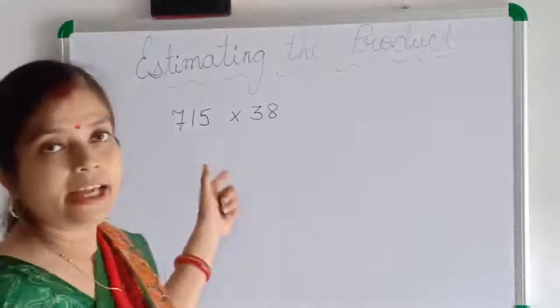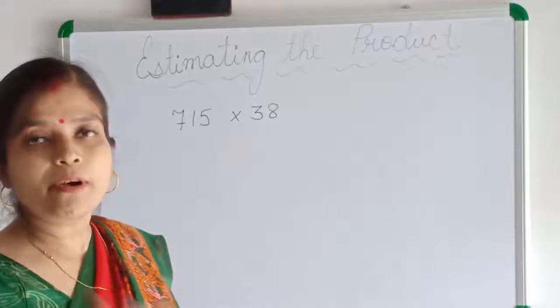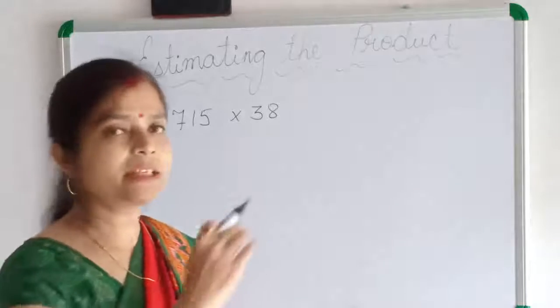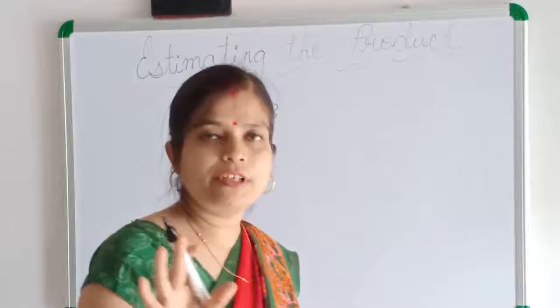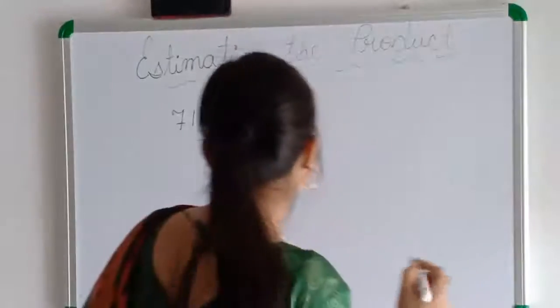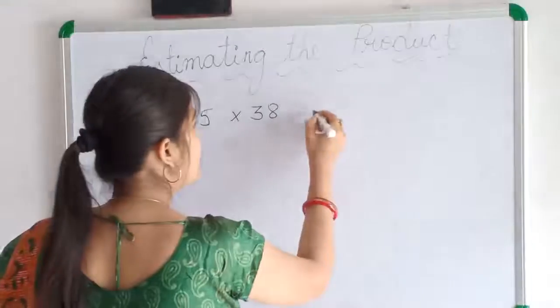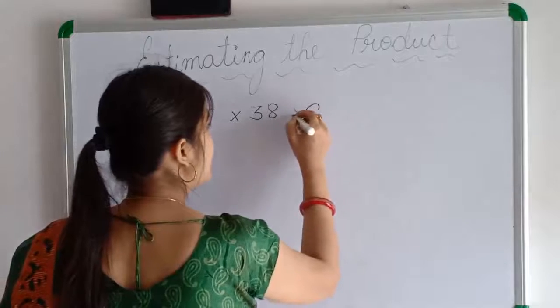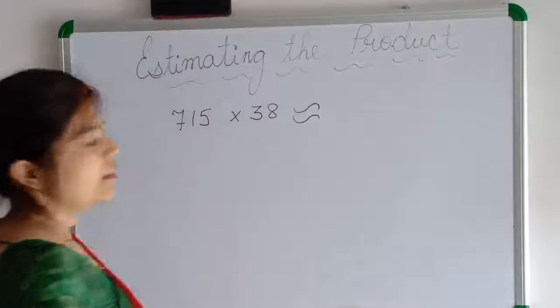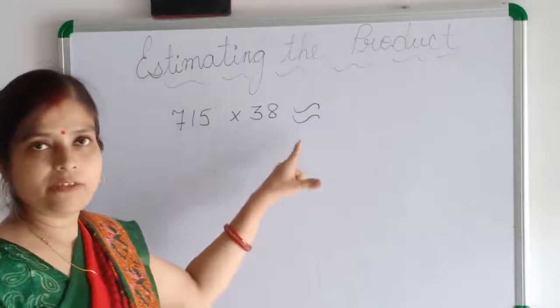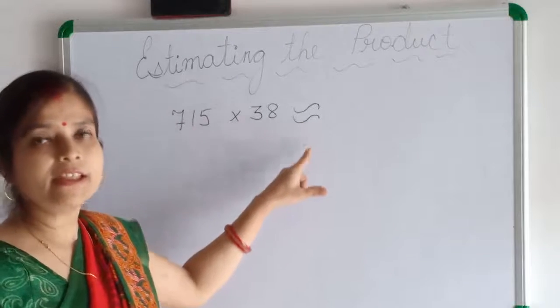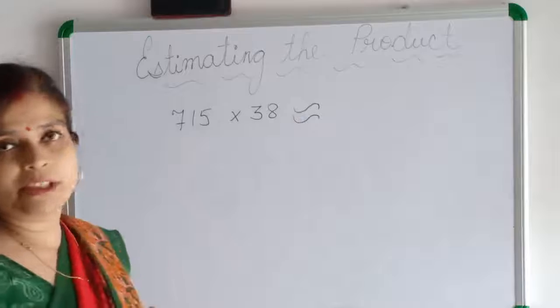So it is not actual, it is only approx. Approx means similar, nearby, not actual. We can show it by this sign. So when we have to estimate, it means we will not find the actual value, we will find the estimated product.